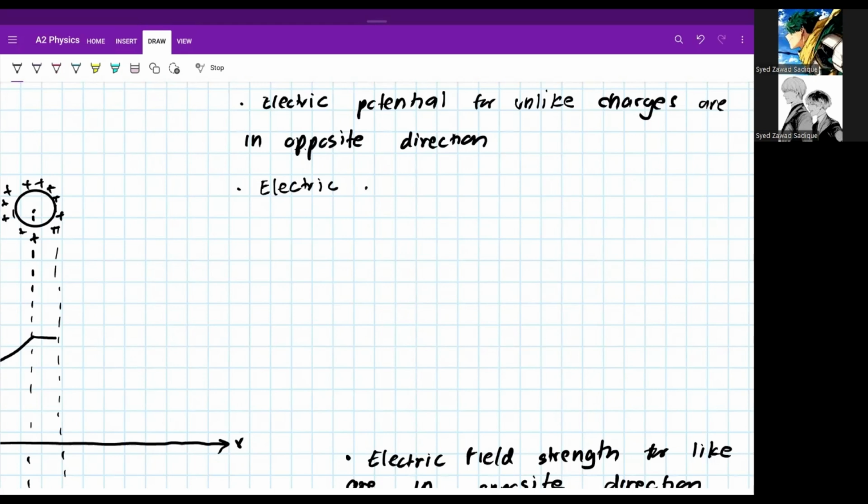Electric potential for like charges are in the same direction.